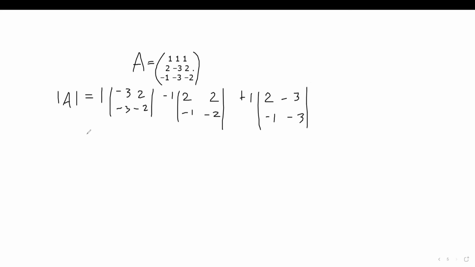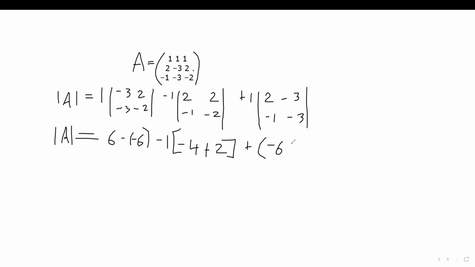So I work this out now. The determinant of A is going to be equal to the product of the leading diagonals, that is 6, minus the product of the non-leading, that's minus 6. Close that. Then I have minus 1 times, in brackets, the product of the leading, minus 4, plus 2, close the bracket, plus the product of the leading, minus 6, plus 3.